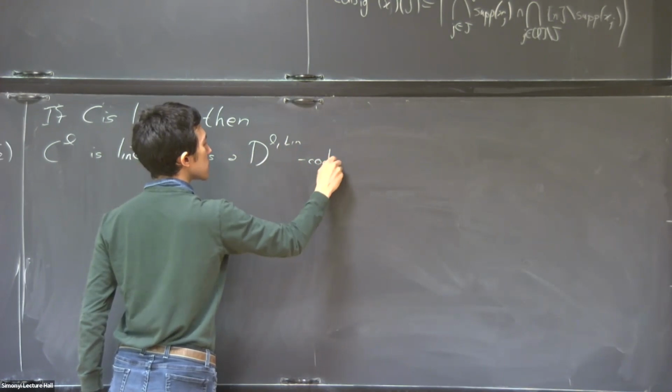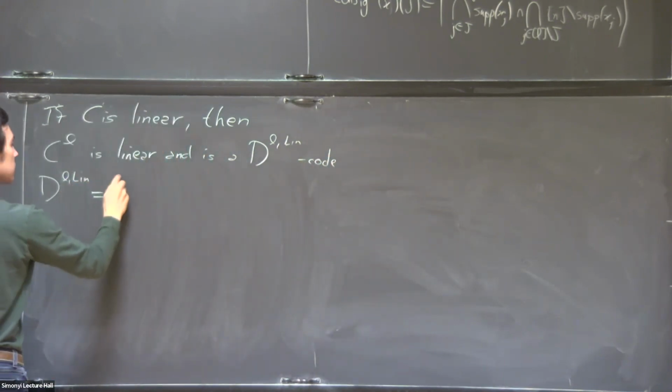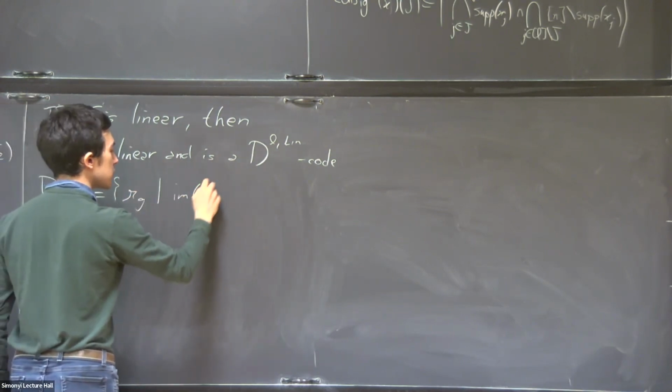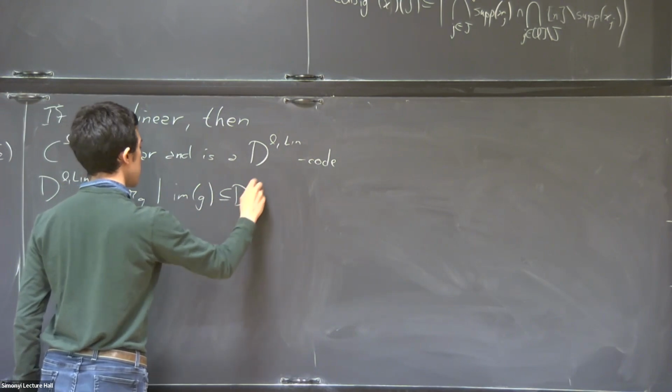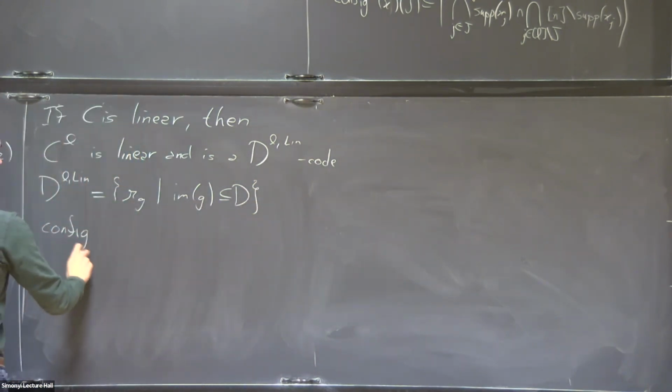So you can do something slightly better, which is to use this DL lin, which is just the Gs such that the image of G is contained in D, right? What do you mean by image? Oh, it's a function. G is a function. It's a configuration.